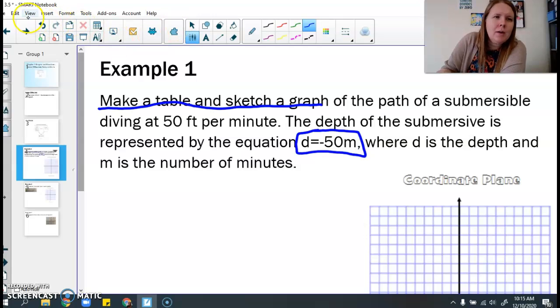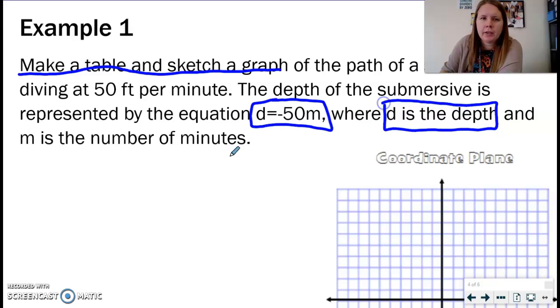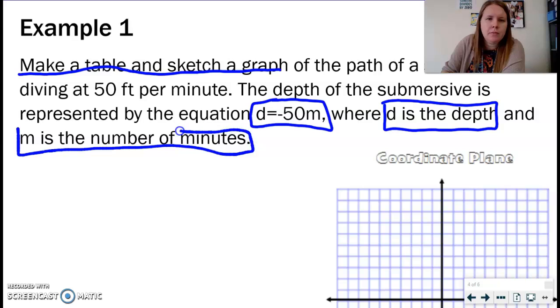Sometimes there's not always an operation that's very clear, since we just have to make representations here. Then we like to box in wording, so I would box in D equals depth, so I remember what each value means within my equation, and m is the number of minutes. Then the E part of POWER is usually an estimation, so we can estimate along the way, and R is your real answer.